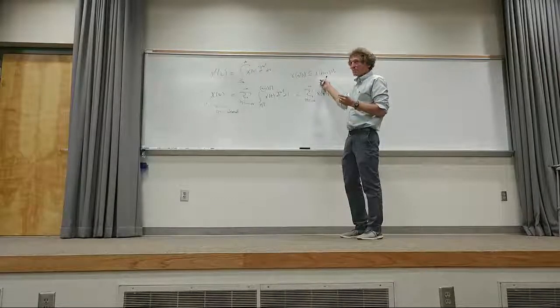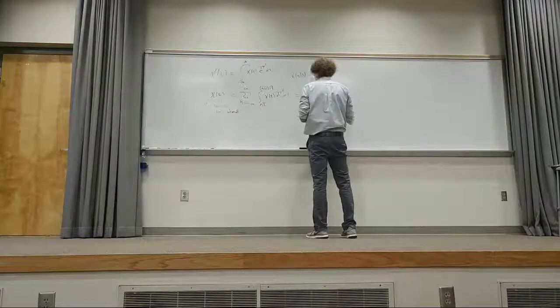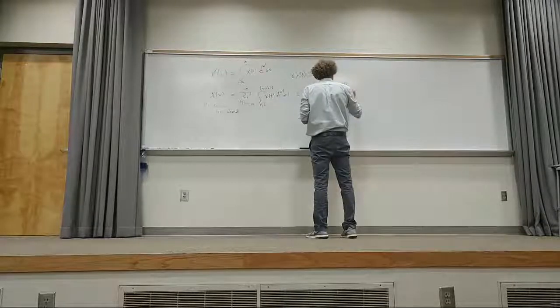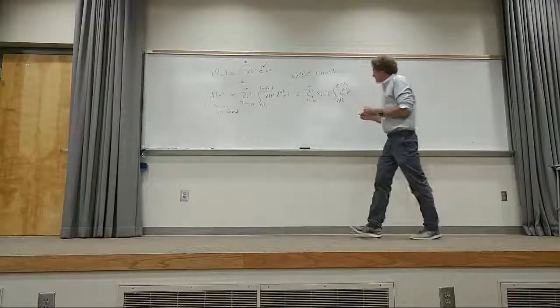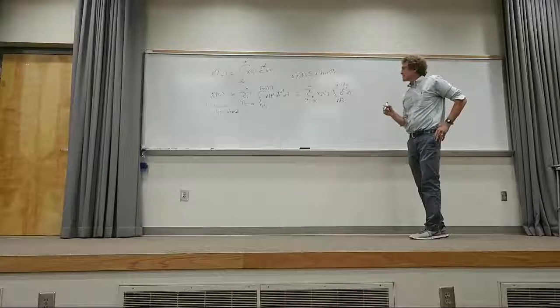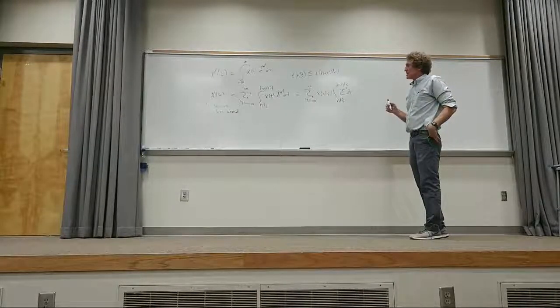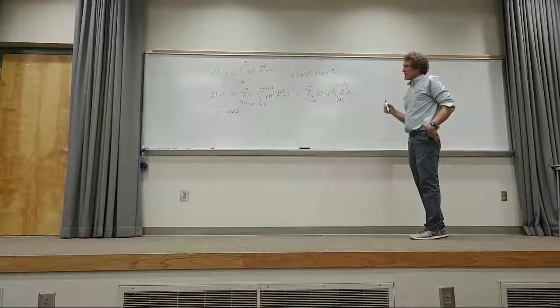Then I have this times the integral from nTs to n plus 1 Ts of e to the minus j omega t dt. The first time I realized this, it was a long time ago, but it really made me see the usefulness of some of the comparisons that I was exposed to earlier.